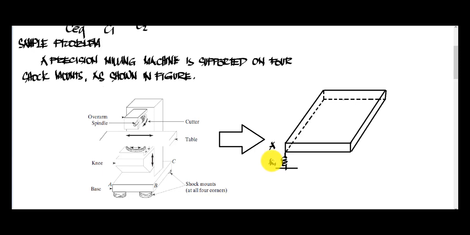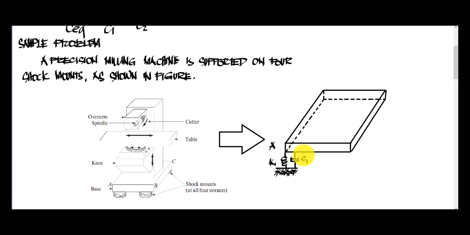Then the symbol for the damping looks like a piston symbol, connecting it to the ground and to the object. I'm going to put a hatch here. This will be my C sub 1.